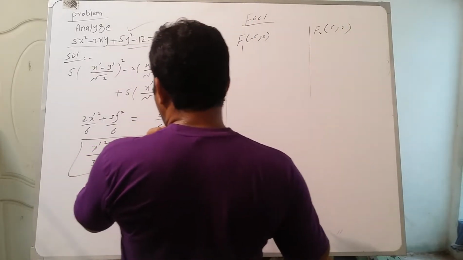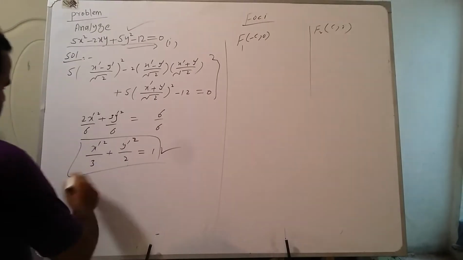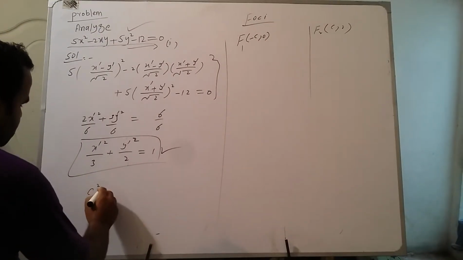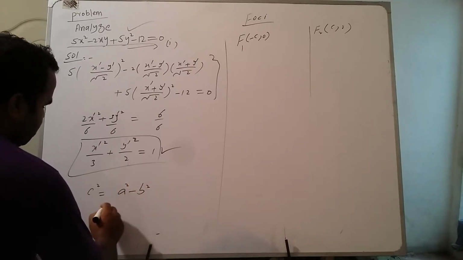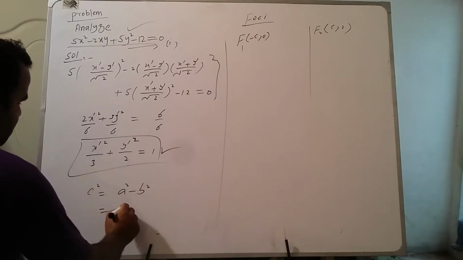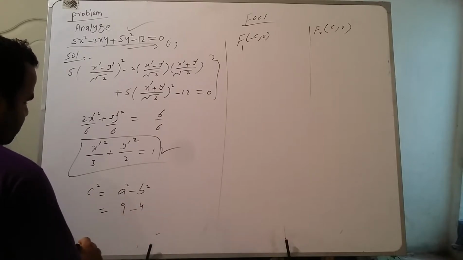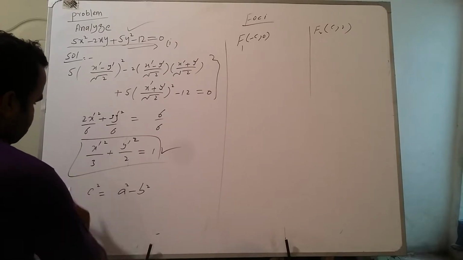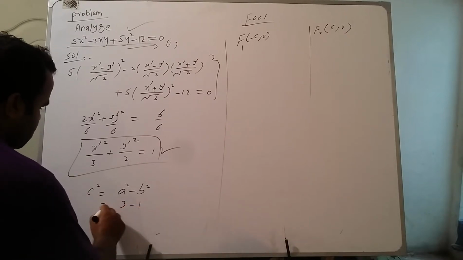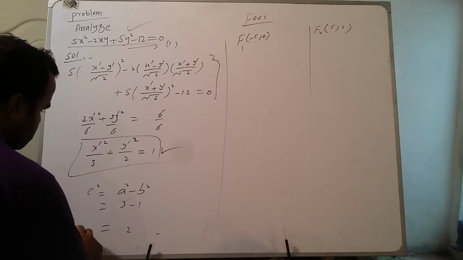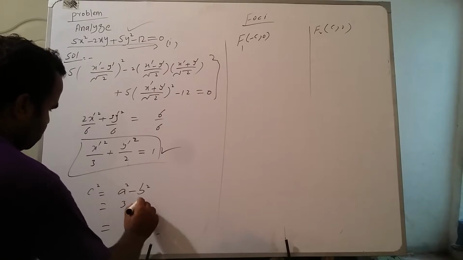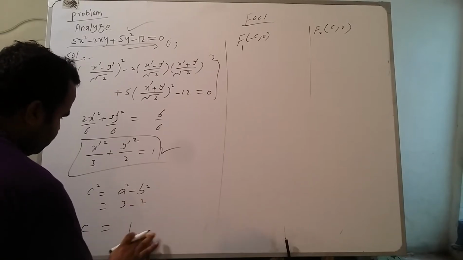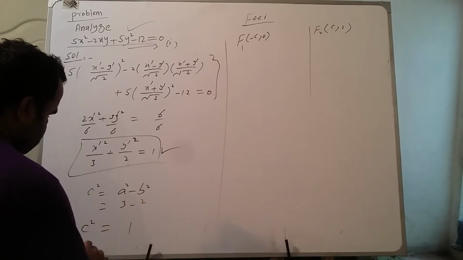So if I find c over here, what will be c? c square is equal to a square minus b square, so 3 minus 2, which is equal to 1. So c is equal to 1.